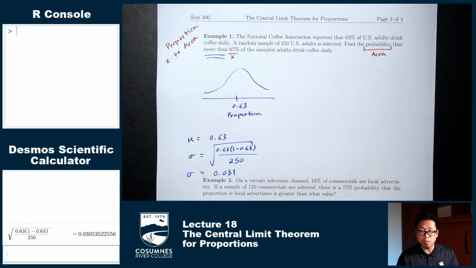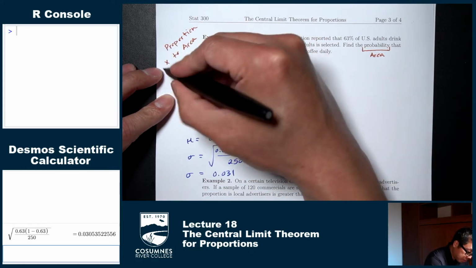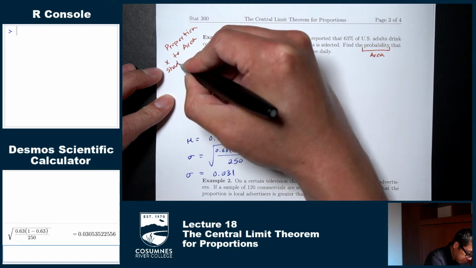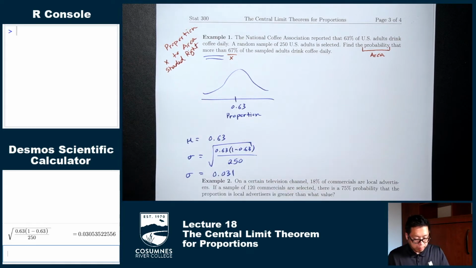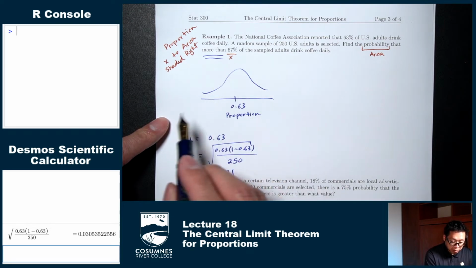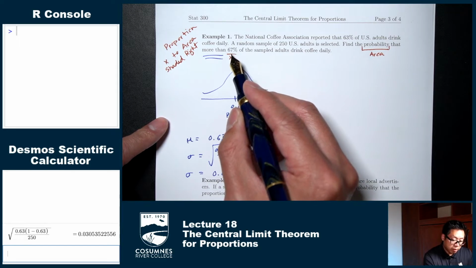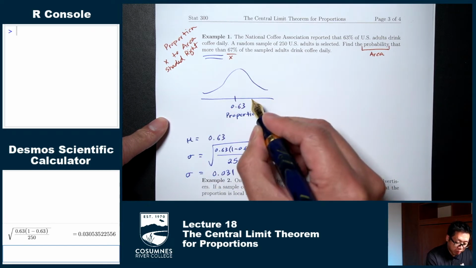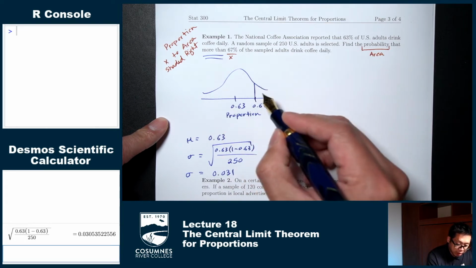So more than, greater than, those all mean to the right. So this is going to be shaded right. All right, so we said this 67% is an x, so that goes on the x-axis. Once again, convert it to a decimal. That's 0.67. That would go right here. And then we said shaded to the right.